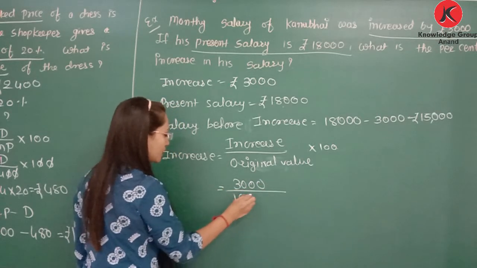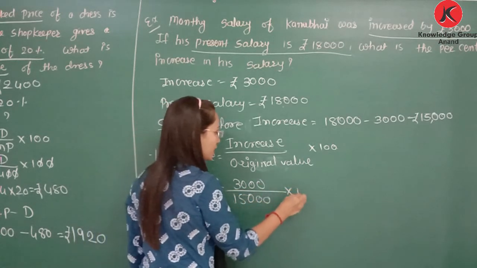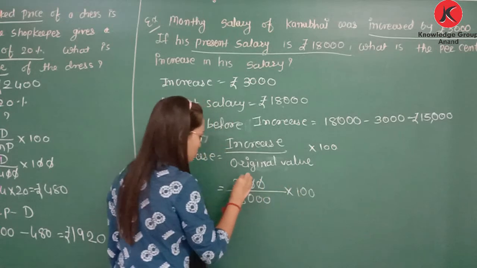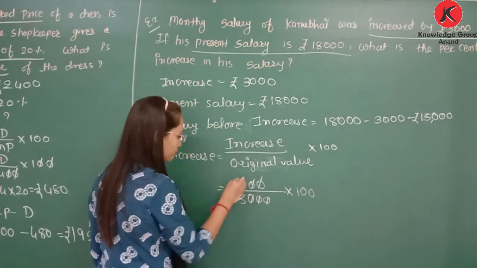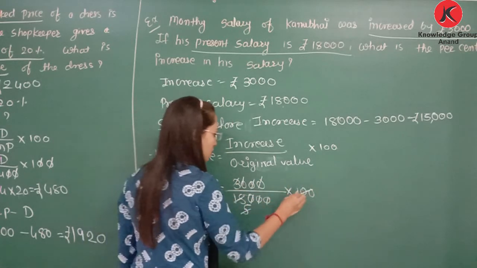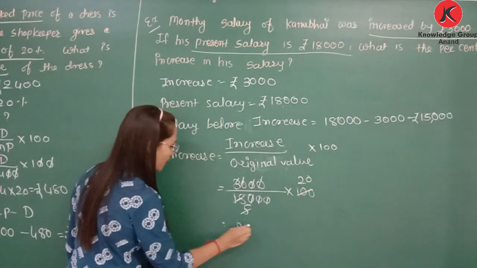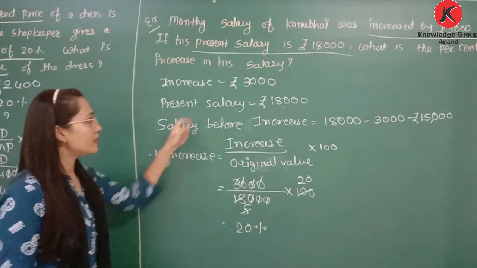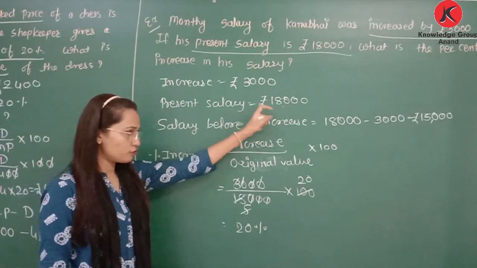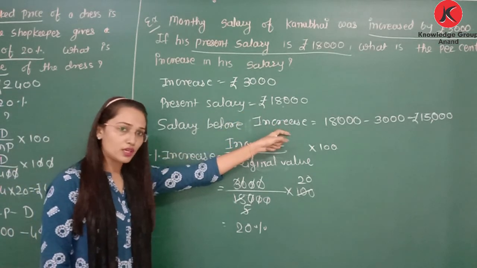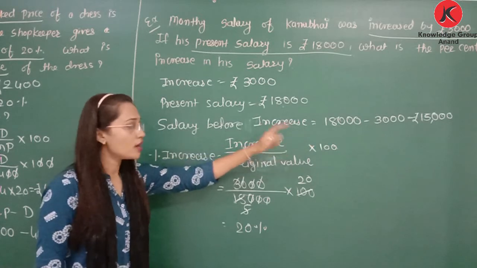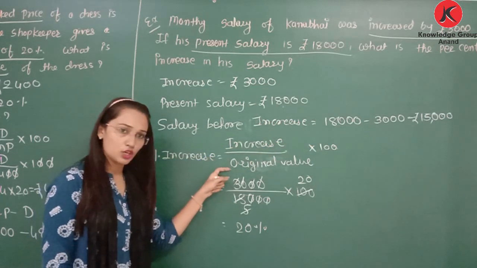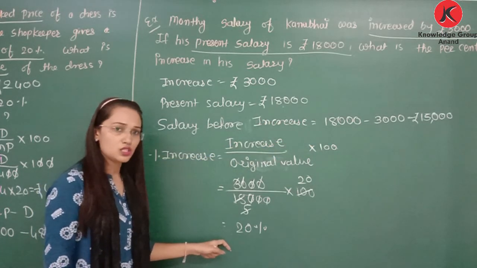Original salary you can consider it as 15,000 multiply 100. So 30 will be cancelled out. 5 3s are 15. 25 is 100. So it is a 20% increase in salary. Clear? So here increased salary is given. You need to find first the salary before increase. That will be our original value, and use this original value in the equation. So we will get percentage 20.